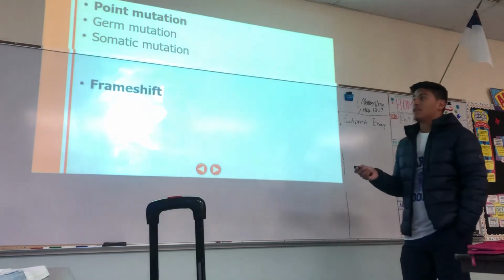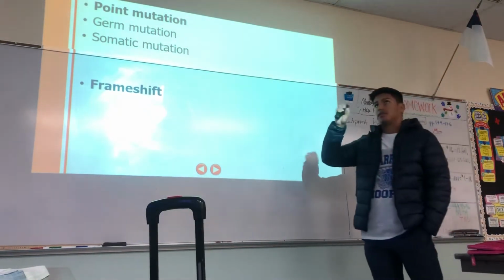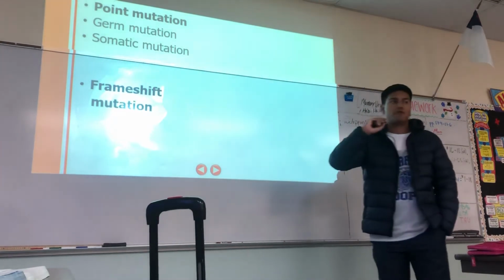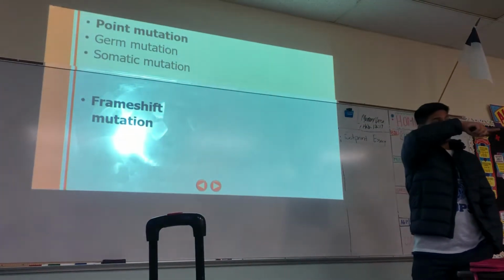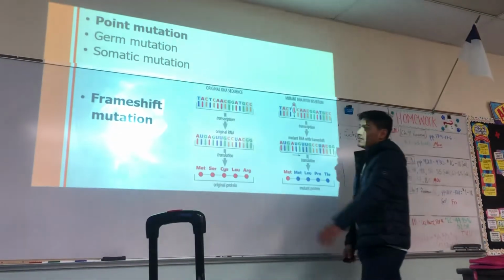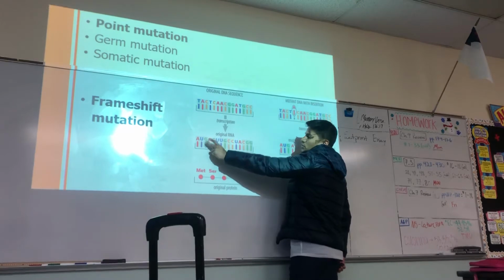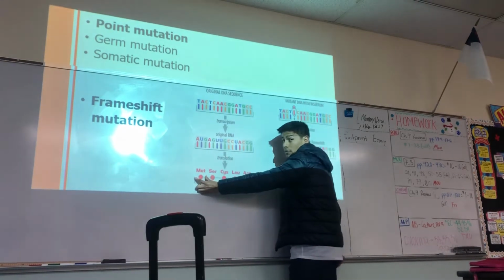We said that whenever you have a point mutation, which type of point mutation causes a frame shift mutation? Which two? Deletion is one, and addition is the other, right? Because we said that if you were to just replace one of them, like for example, if you were to turn this G into a C, then you would just change the first amino acid.